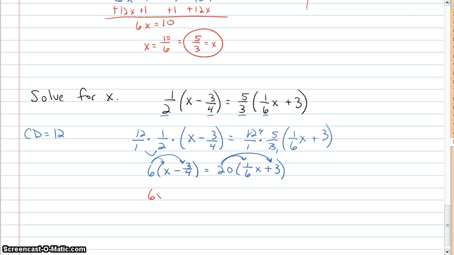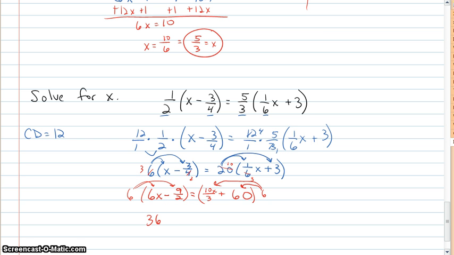Okay, I'm going to go ahead and distribute: 6x minus 9 over 2 equals 10x over 3 plus 60. I could choose something else to multiply by. In this case, I could multiply by a 6. Or if you'd like, you're more than welcome to just deal with the fractions. Either way, you should get the same answer.